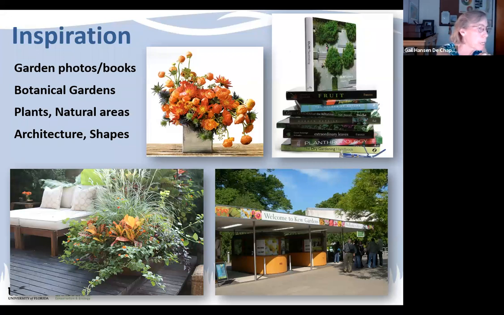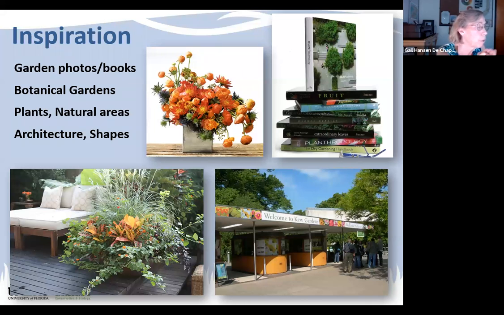So where can you get inspiration for a theme? Well, you can look at photos. That's where I usually start. And I have hundreds. I have databases with hundreds of photos of different gardens. And I still go online and look at different photos of gardens.